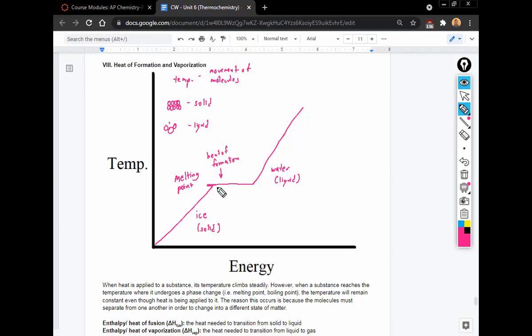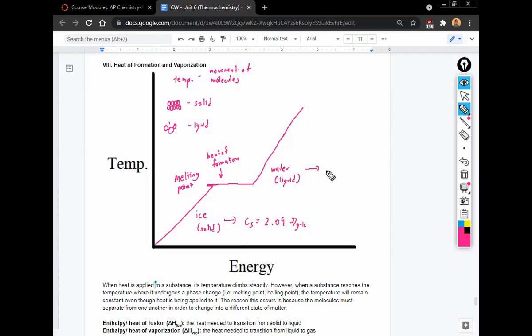Okay, now this is important because ice has a specific heat. The specific heat of ice is, let me double check. Oh, the specific heat of ice is 2.09 joules per gram Kelvin, which is different from water, right?